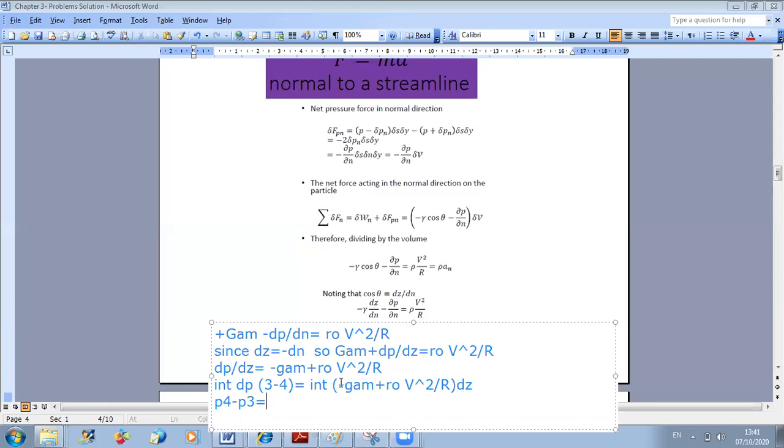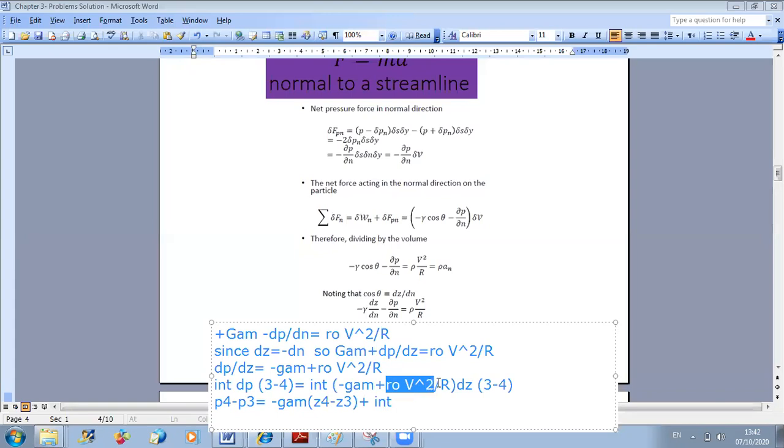So the first part, if I integrate it, is minus gamma times z4 minus z3, because I integrate between z3 and z4 here, and between p3 and p4 there. For the second term, it's a function I don't know, so plus the integral of rho v square over r.